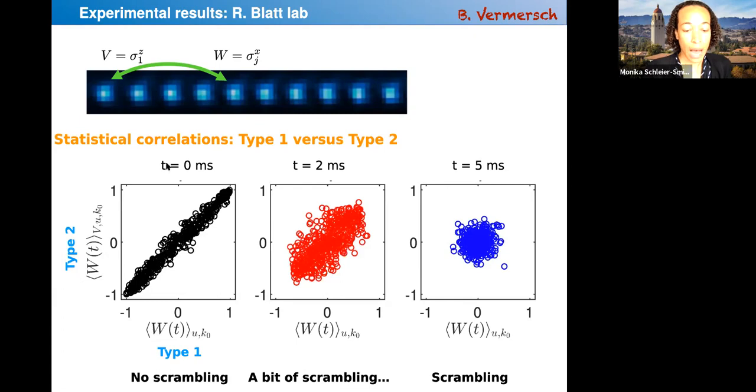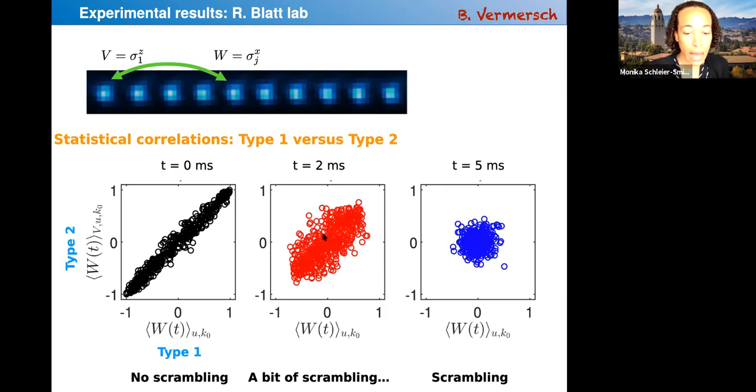If the evolution time is 0, then they will see some strong correlations between the measurements of sigma x in these two cases, because no information about this perturbation has spread to site j, right? And again, this is looking at many different initial states, and in each case, plotting the average value of sigma x for the unperturbed versus the perturbed system.